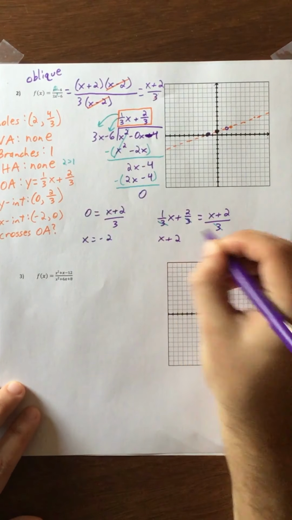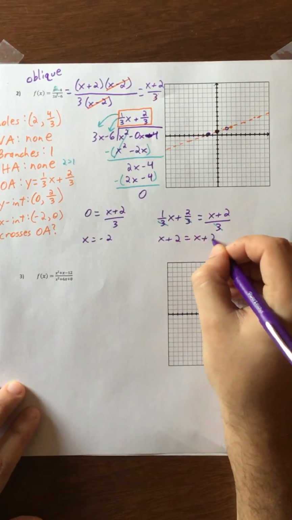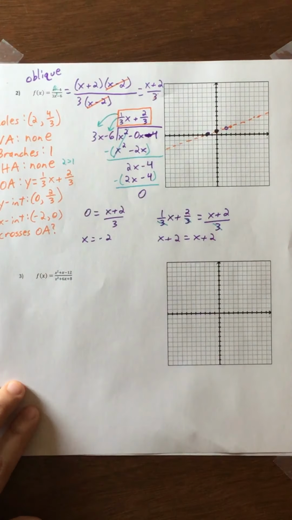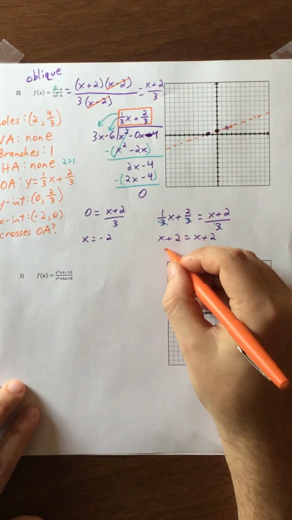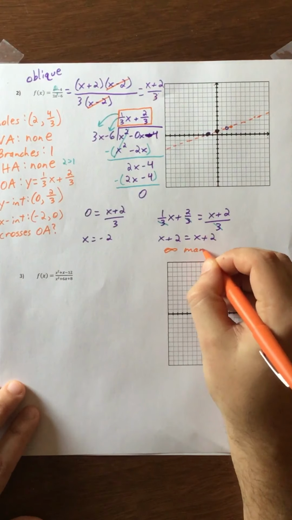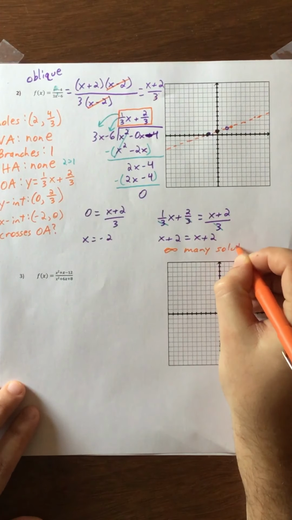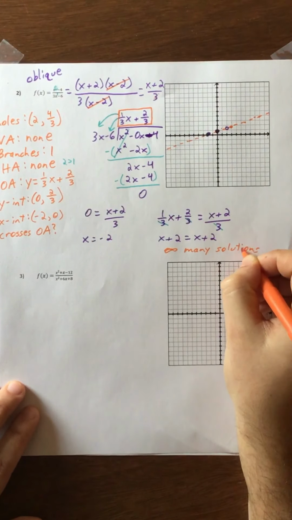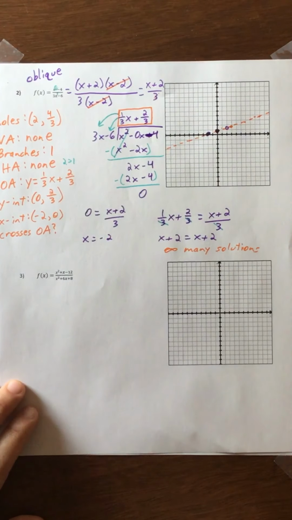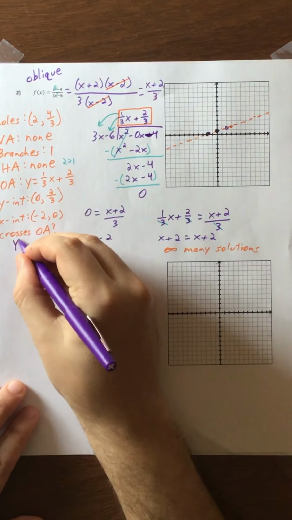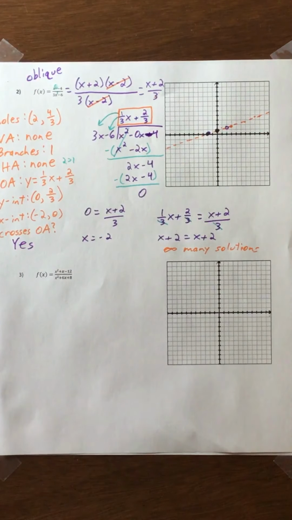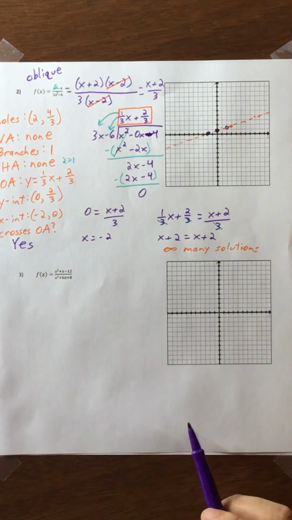We have x plus 2 equals x plus 2. When you have the left side and the right exactly the same, that means there are infinitely many solutions. So it crosses the oblique, yes it does, and it crosses it at every single point.